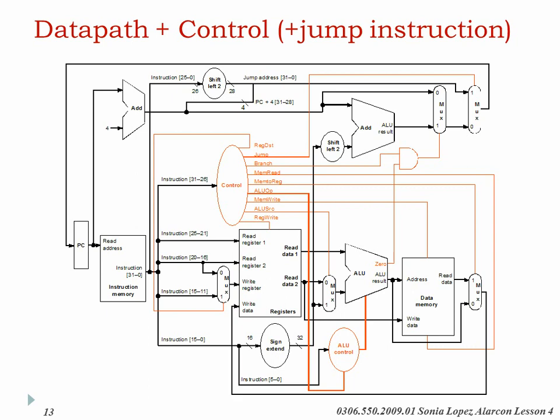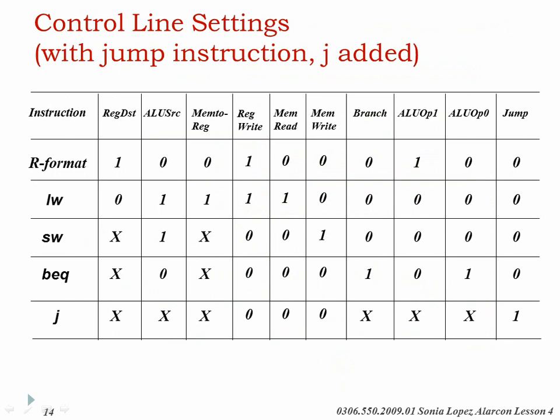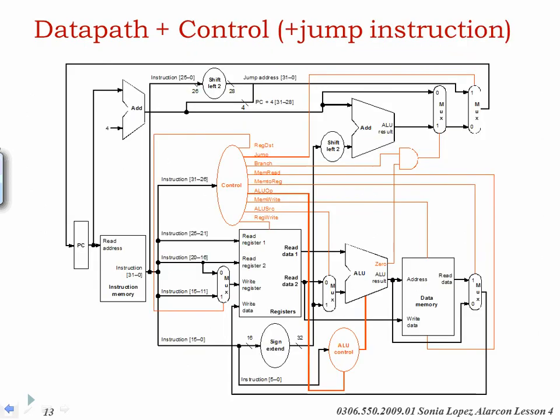So I'm going to start with this one. This is an instruction that has, I'm going to give register write a 1. Oops. Let me go back, pick the pen, and register write is going to be a 1.